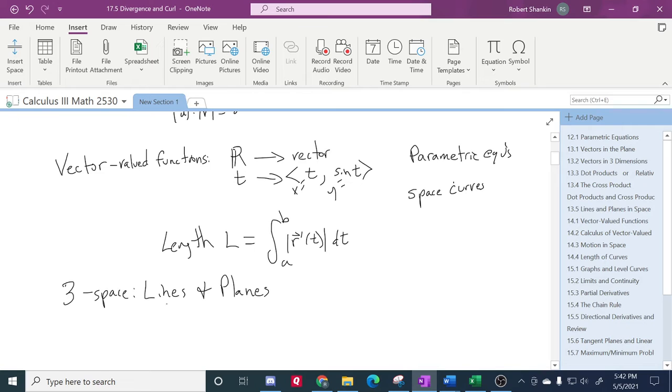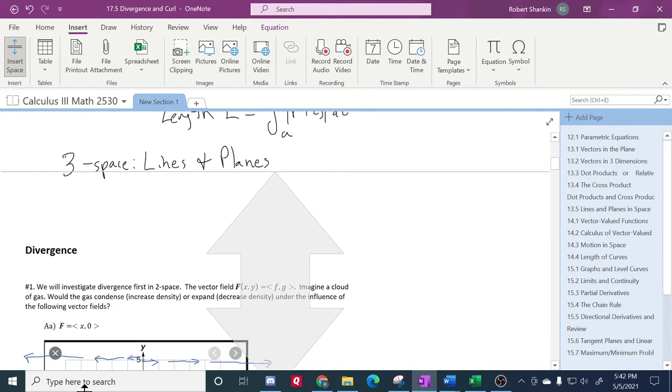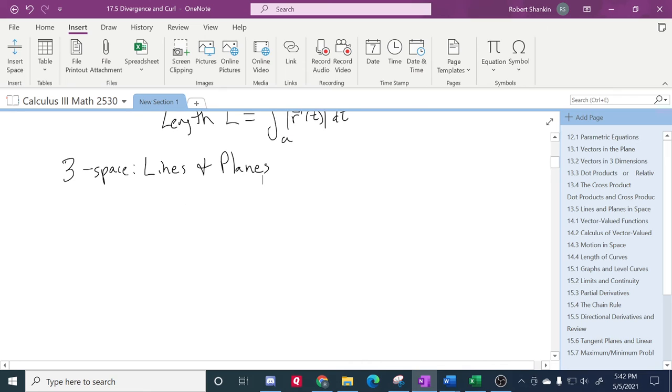To remember how you get the equation of a line and how you get the equation of a plane, it is quite significant. I'm just going to go over a super quick review of that.